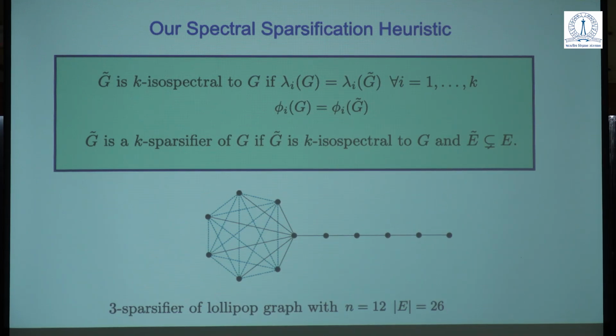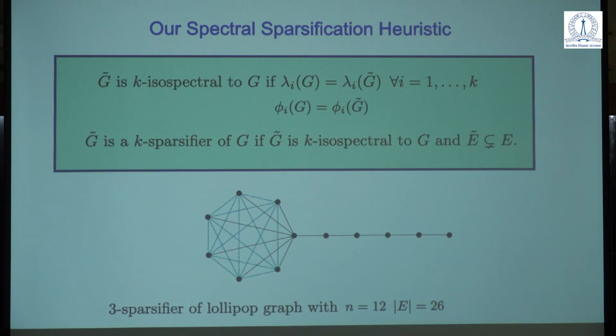Okay? So this graph has 12 vertices and 26 edges, and we've dropped a lot of edges, right? There's so many blue edges there that got dropped. So you end up with just the black edges, and that's already able to freeze the first 3 eigenvectors and eigenvalues.